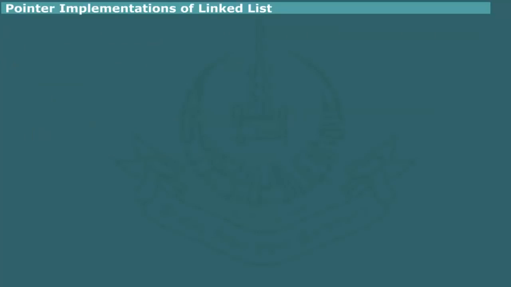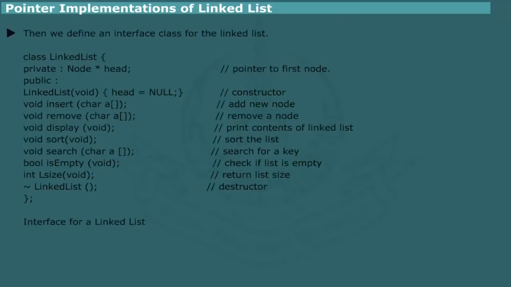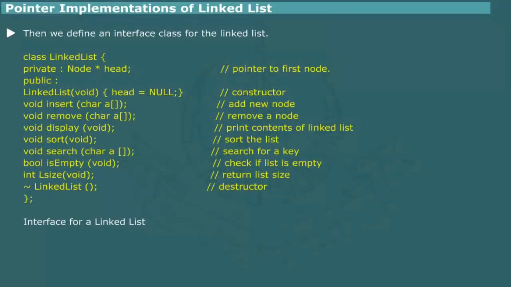After having specified the structure of a node, we can define an interface class for the linked list. The figure shows the basic structure of the class called linked list. It contains a private member head, which is meant to point to the first element in the list.